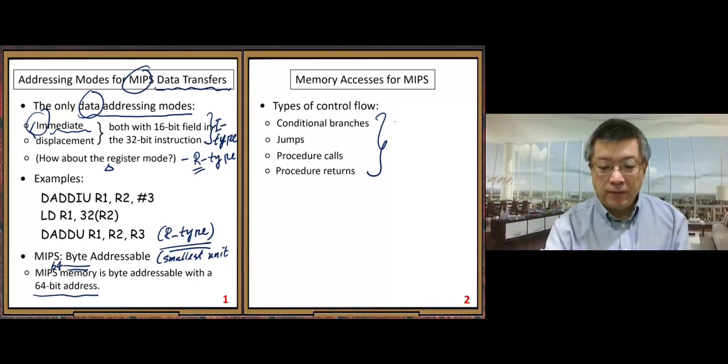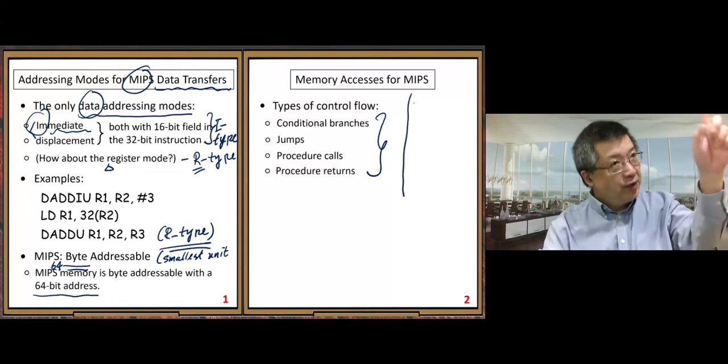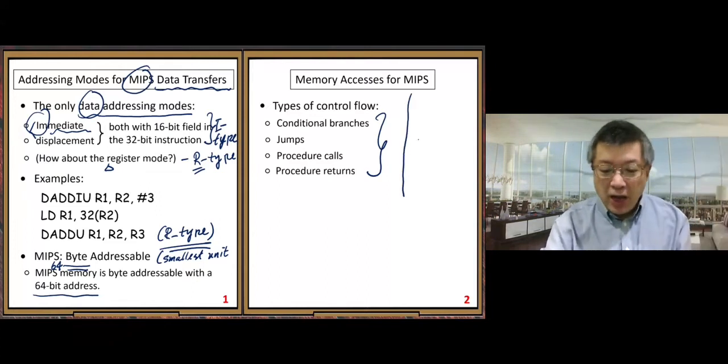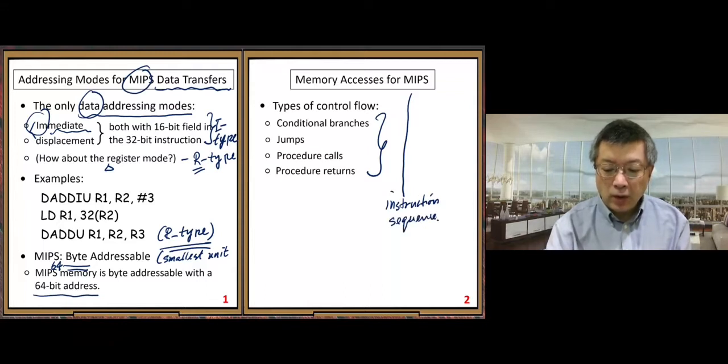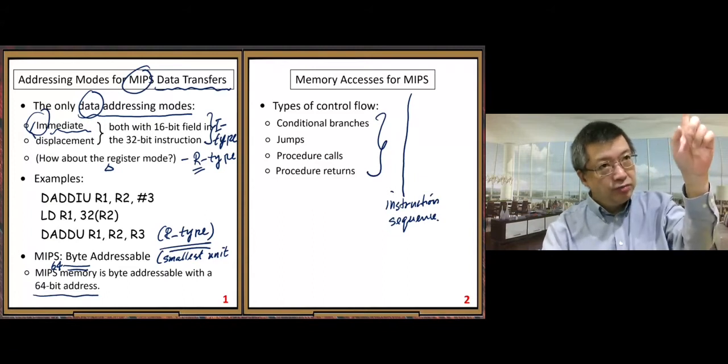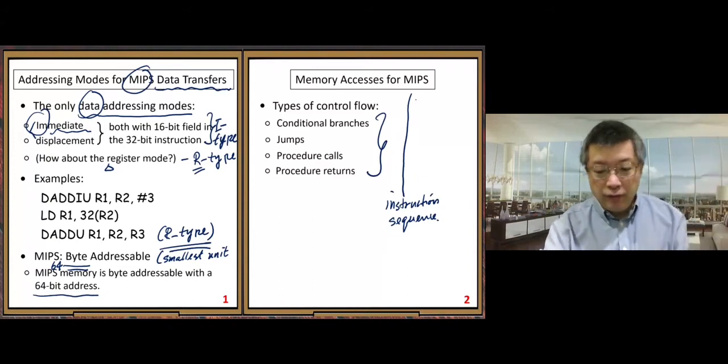So why do you change it? Think about this line as an instruction sequence. If you do not change the flow, you execute one after another in its natural order.